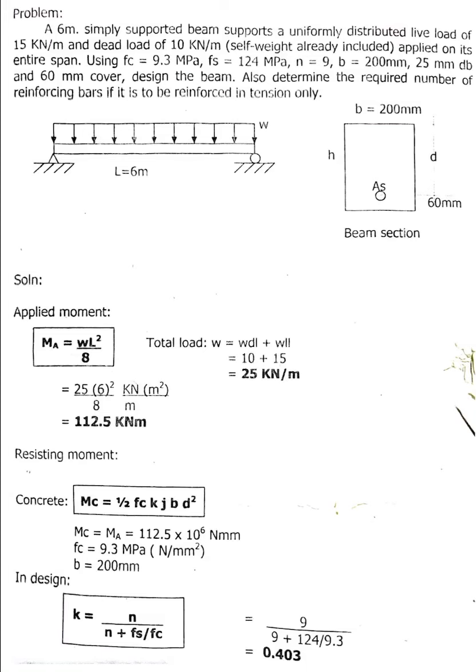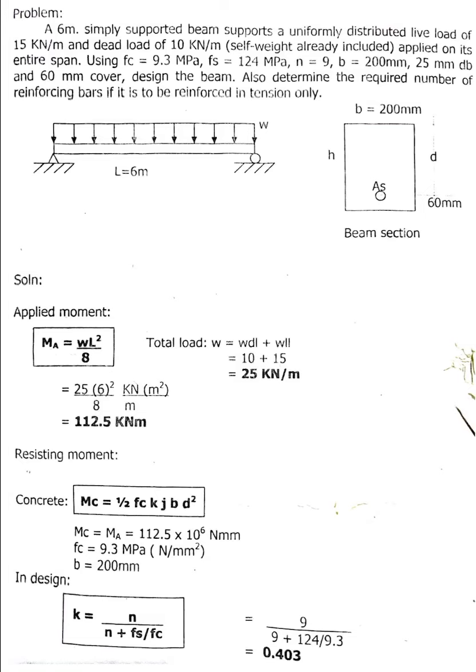You are to design the beam and also determine the required number of reinforcing bars if it is only reinforced in tension. So for the simply supported beam, the tension portion is at the bottom of the beam.